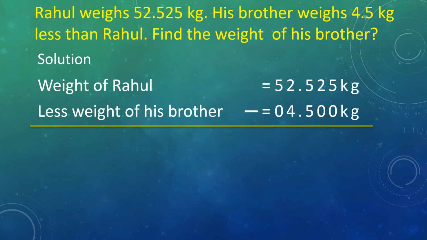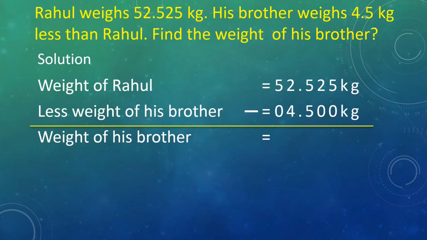See, the decimal point should come one below the other in place value columns, and convert both the decimal numbers into like decimals.